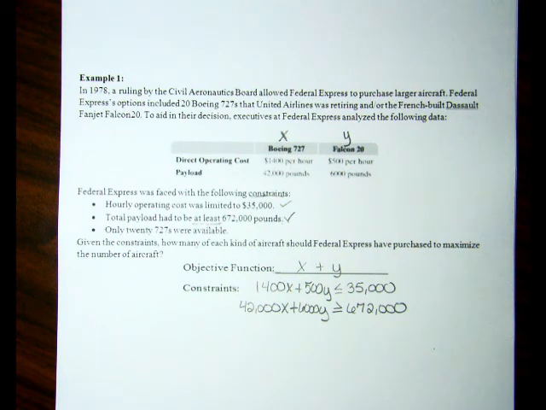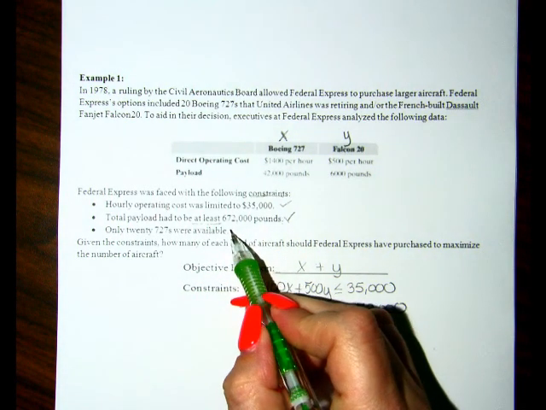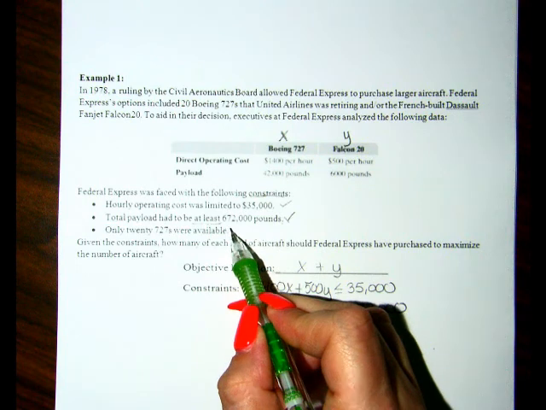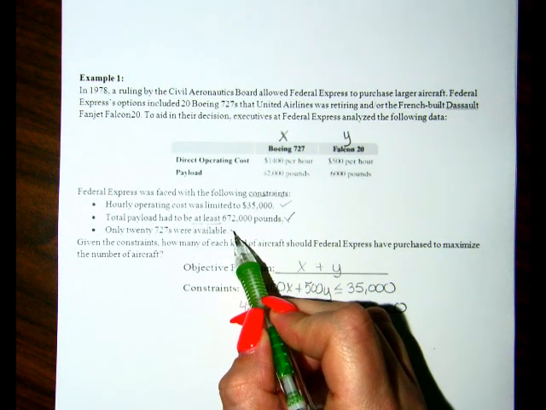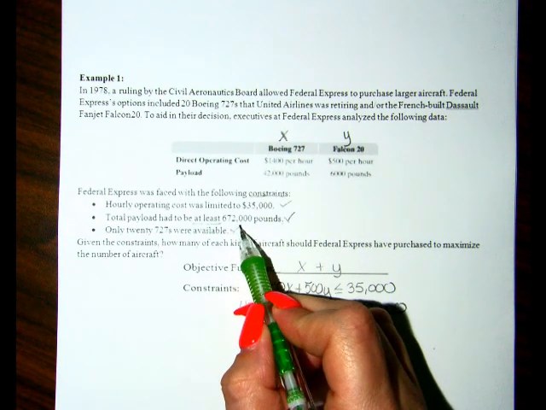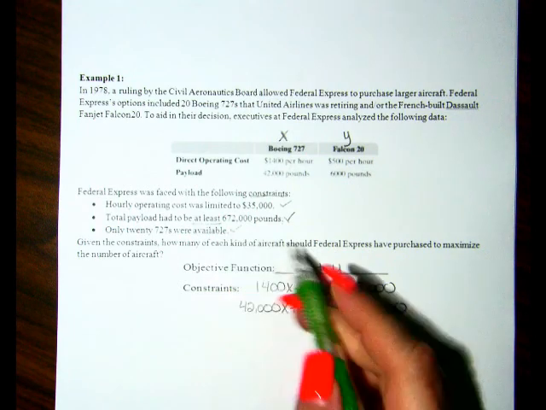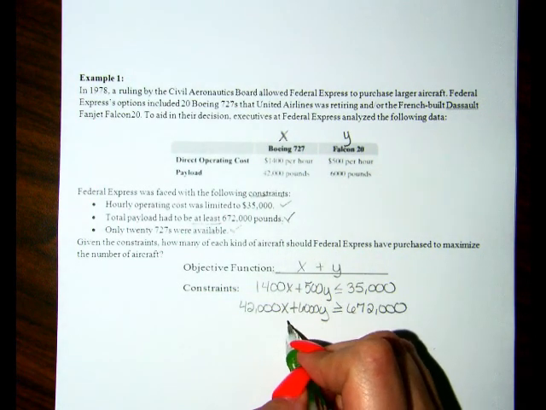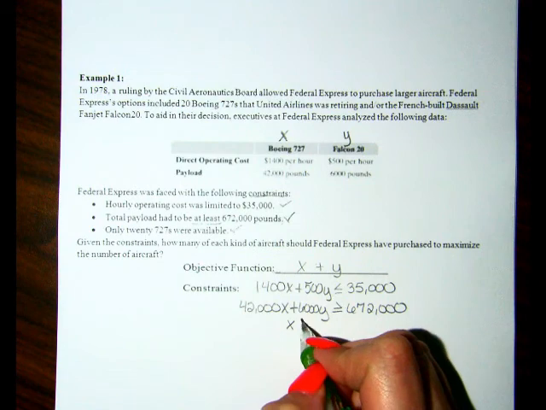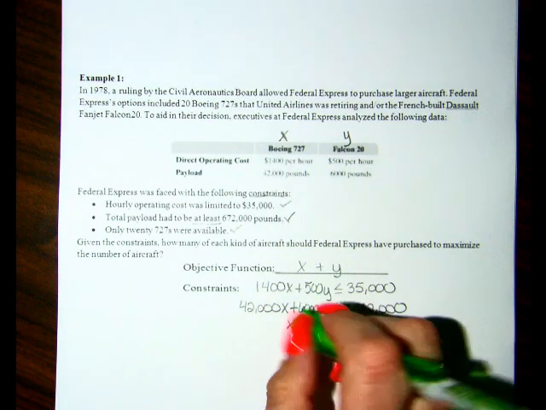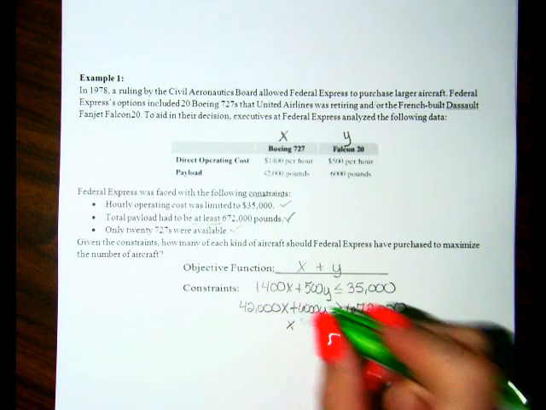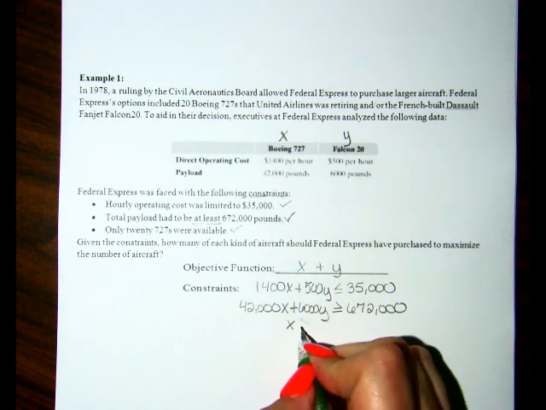For my next constraint, I read the last bullet. It says there are only 20 Boeings or 727s available. Well, that means that my X cannot be more than 20, meaning it can equal 20, right?